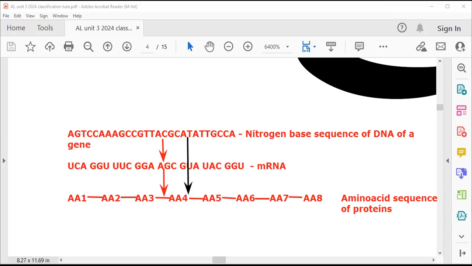Later, in unit number 7, it's a long way to go to that place. Even your seniors have not started unit number 7; they are going on in unit number 6. So you have enough time to get there. There you will study this in full detail. This is just a small idea.